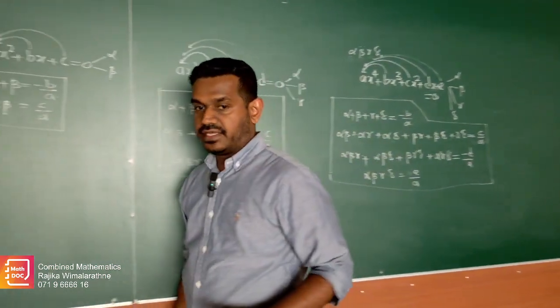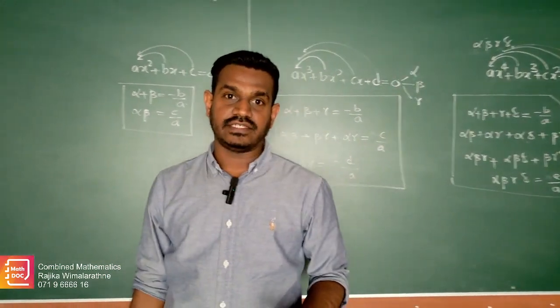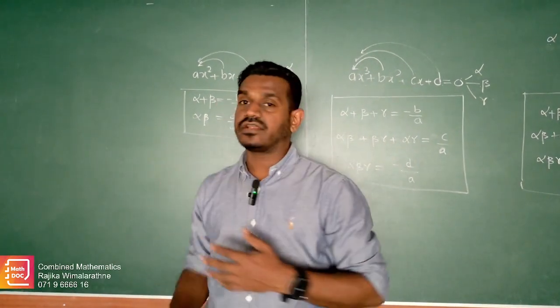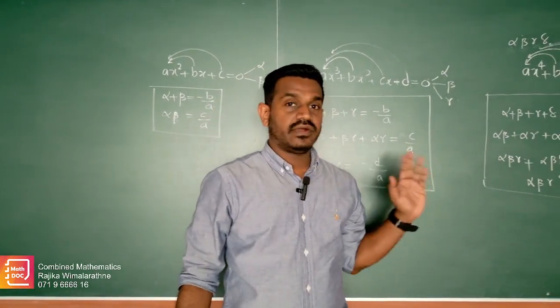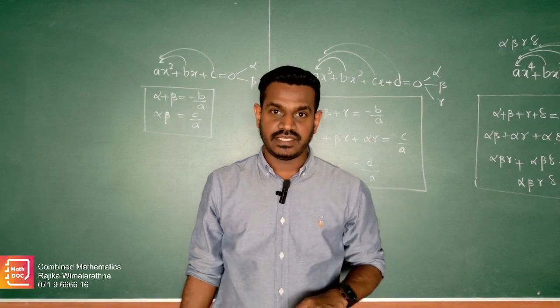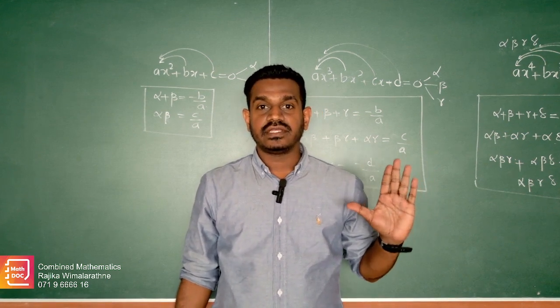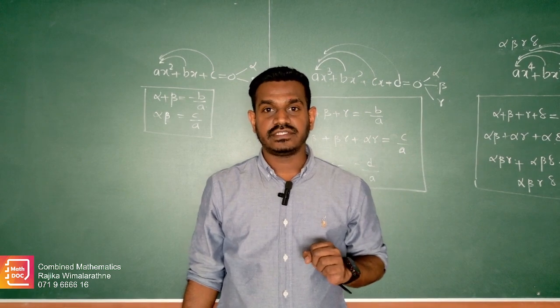So now you can identify for quadratic, cubic and biquadratic equations that these relations between roots and coefficients are very important for your A-level examination. So this is the topic of the relation between roots and coefficients. Thank you for watching us.